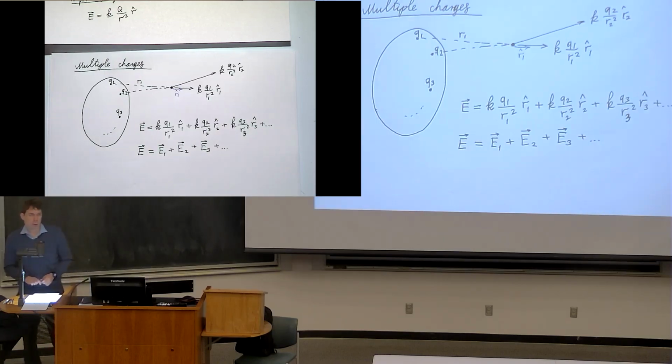So E1, the electric field of source 1, as if it existed independently, E2, electric field of source 2, and so on.